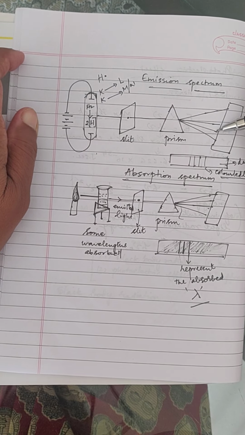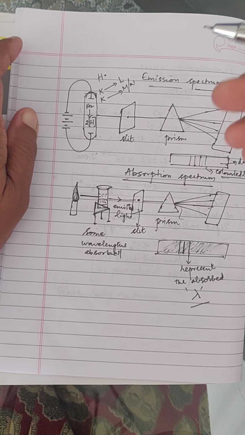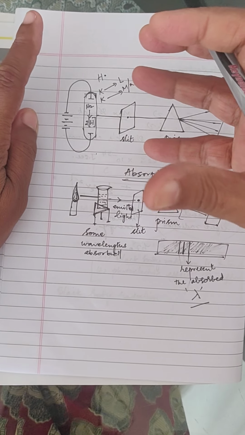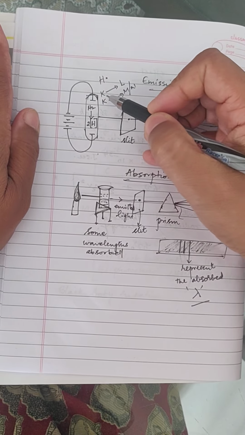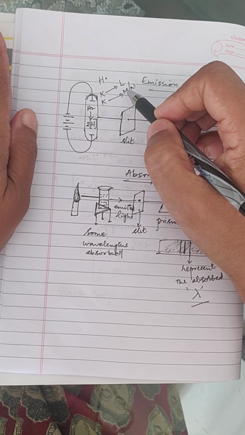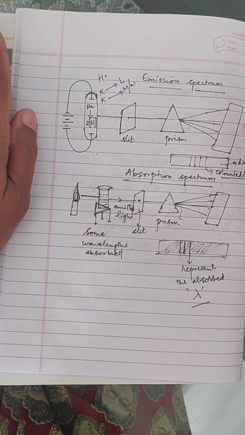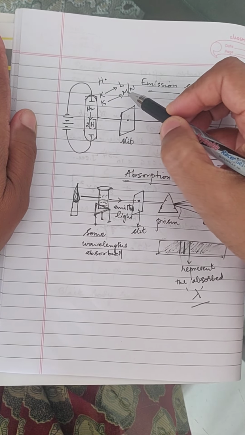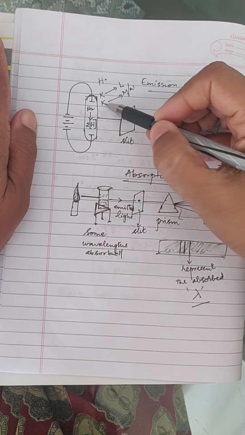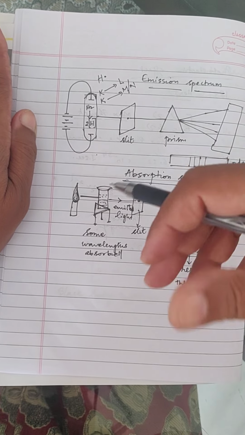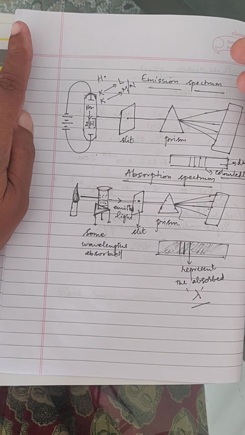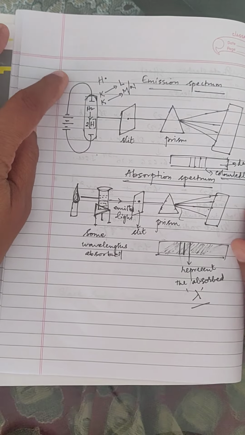The emitted energy will also fall in the form of a spectrum, because each and every electron is releasing different amounts of energy. One set of electrons may have jumped from K level to L level. So these electrons will give out a certain amount of energy. Some of them might have jumped from K to M shell, so that will release a particular amount of energy. And those which have gone to N shell will release another amount of energy. Right?